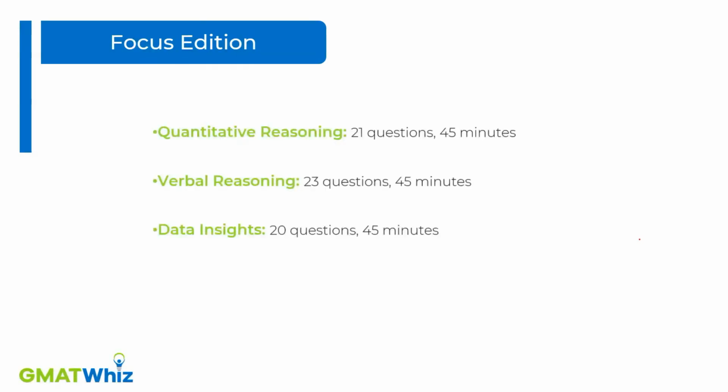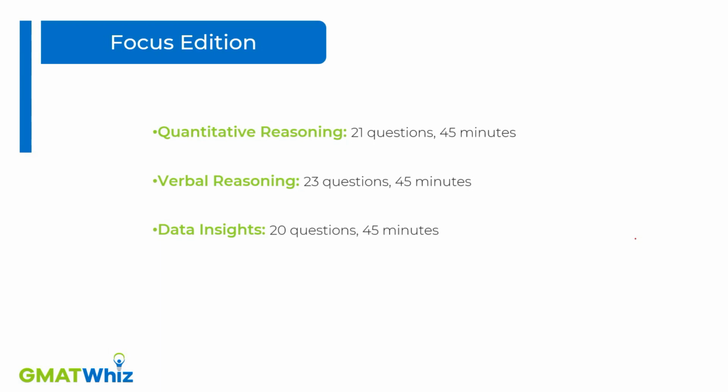What is the Focus edition? As you must already know, as far as the quant goes, we have 21 questions, 45 minutes, so approximately 2 minutes per question, slightly more, 3 extra minutes. But you can consider it to be 2 minutes per question. Similarly, verbal is going to be 23 questions, 45 minutes, very slightly less than 2 minutes per question.